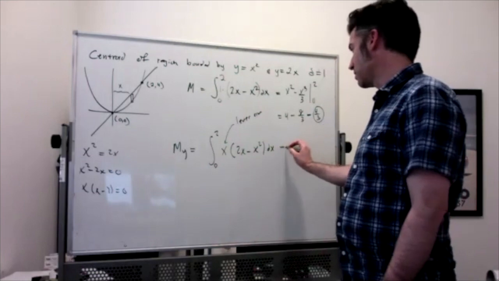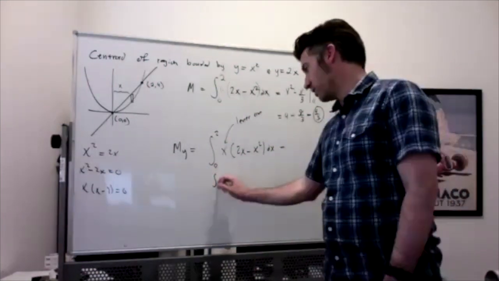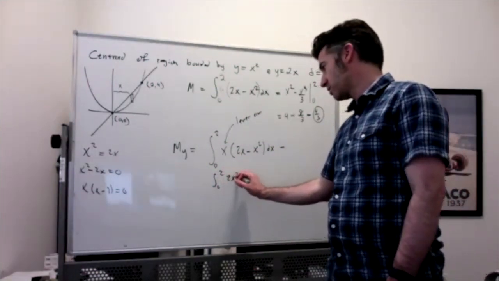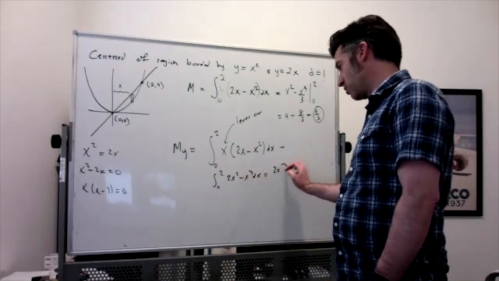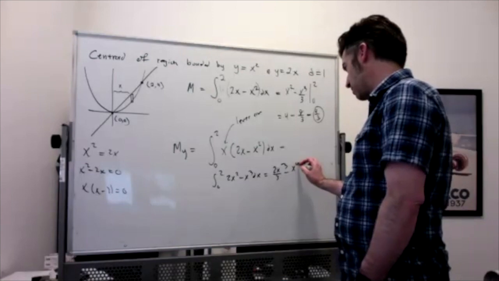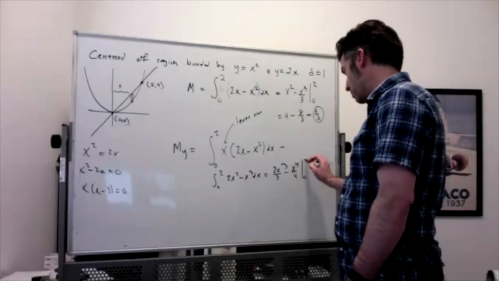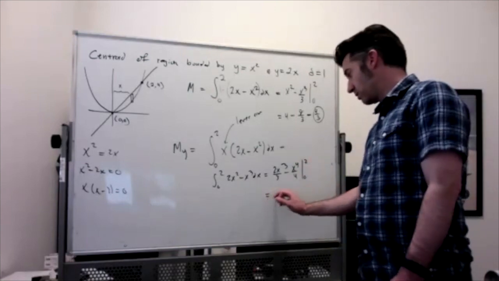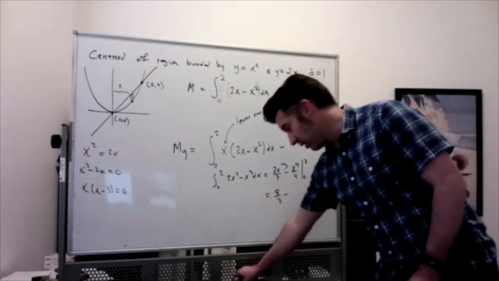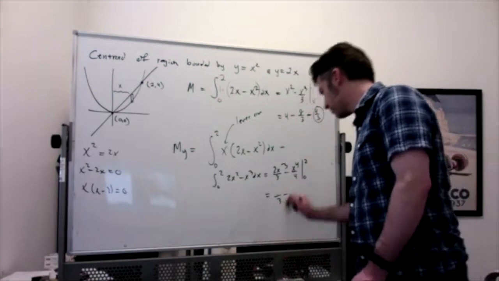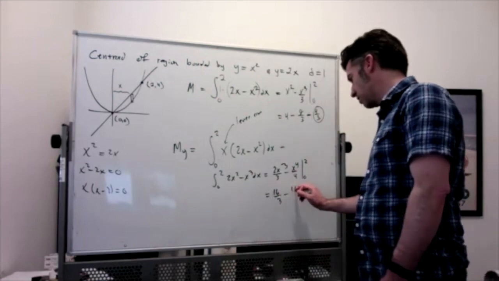Calculating this, it's going to be the integral from 0 to 2 of 2x squared minus x cubed dx, which is 2x cubed over 3 minus x to the 4th over 4 from 0 to 2. It's going to be 16 over 3 minus 16 over 4.